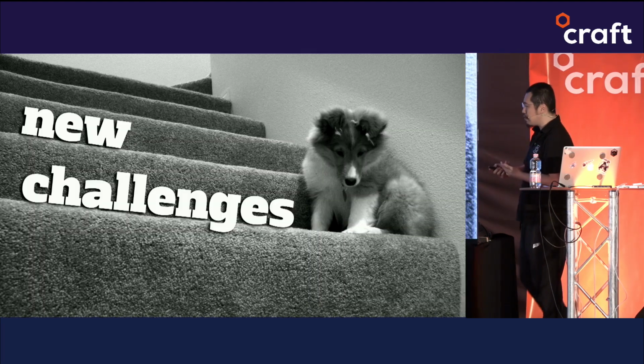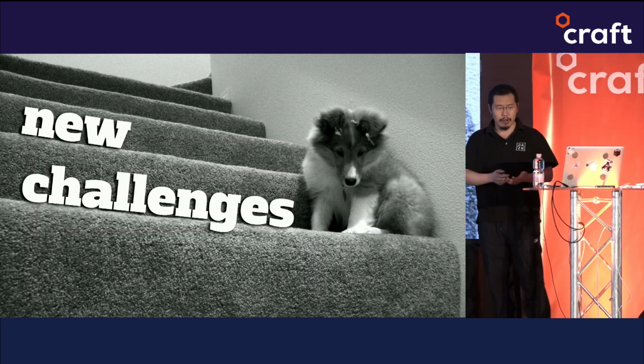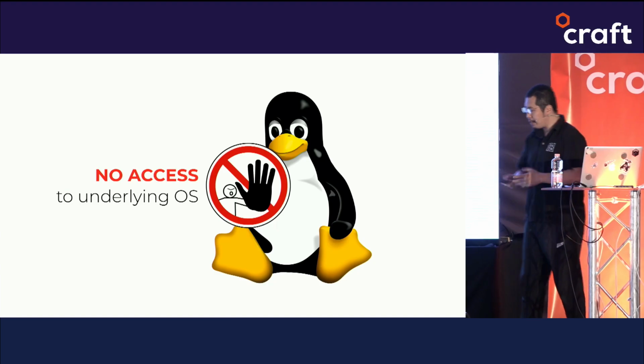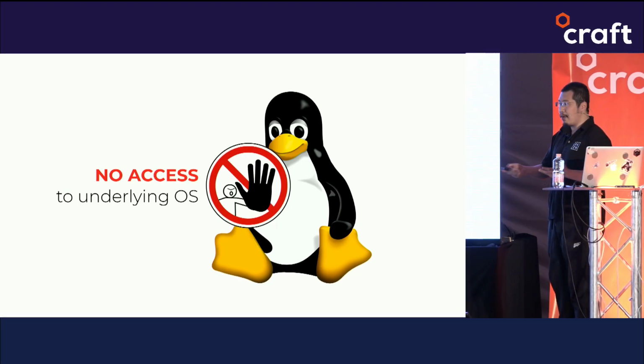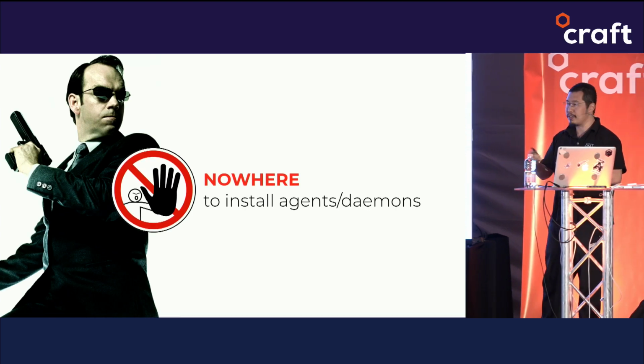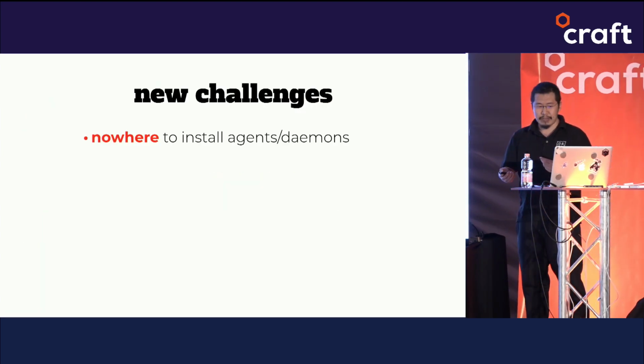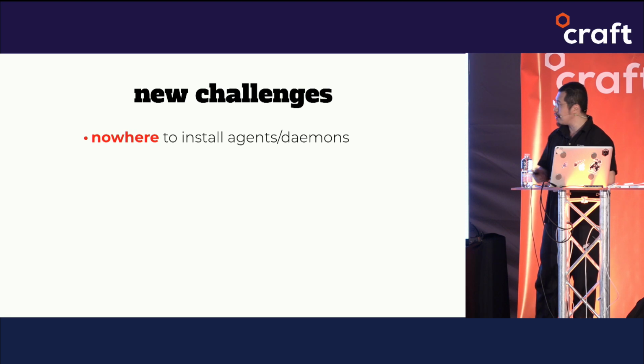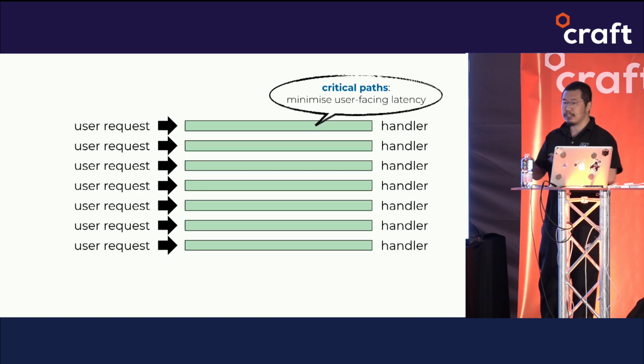And one of the things I found in terms of monitoring and whatnot with serverless is that we already talked about that, now you don't have access to underlying operating systems, so that means there's nowhere for you to install those agents. And these agents, for a very long time, they've done a very crucial job, and also they've been doing that job outside of your critical path, where we are really concerned about user-facing latency.